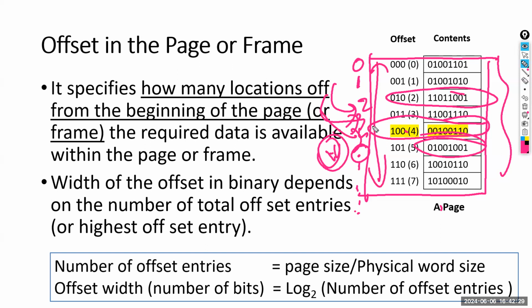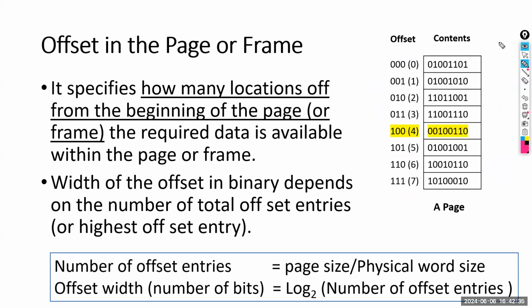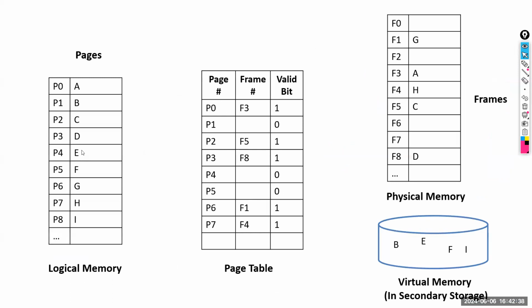But the page number will be mapped to a different frame number. That is okay, that is obvious, right? For example, here you can see page 3 is mapped to frame 8. Page 3 is mapped to frame 8, because depending on the available situation, it has a mapping. It is just randomly taking what is available.